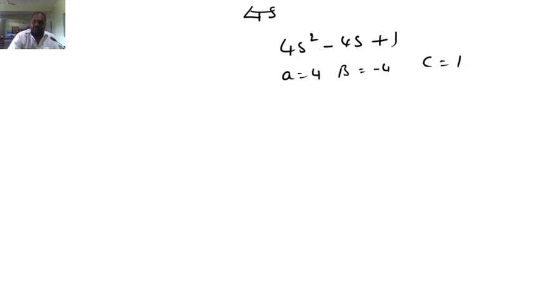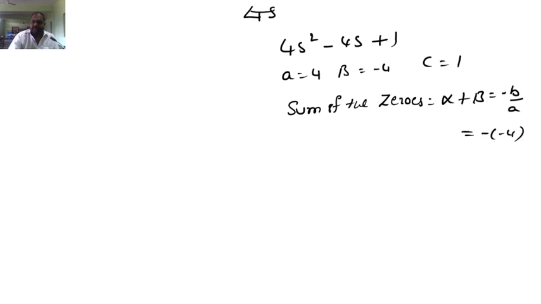So 4s square minus 4s plus 1. A is equal to 4, B is equal to minus 4, C is equal to 1. Sum of the zeros, alpha plus beta is minus B by A, minus of minus 4 by 1, that is equal to plus 4.